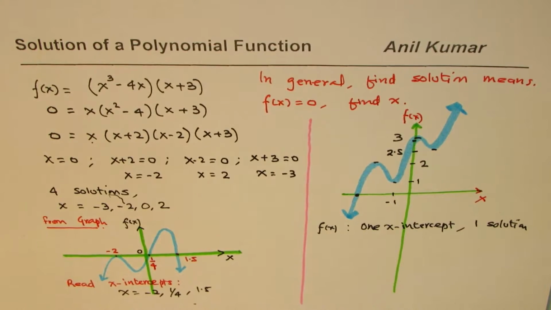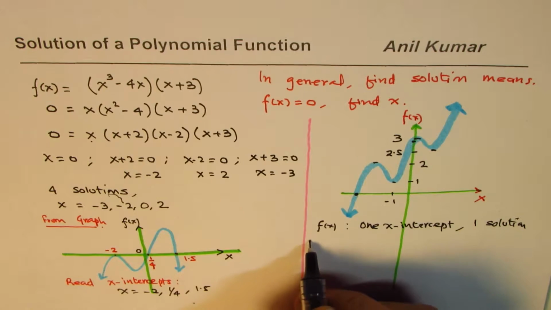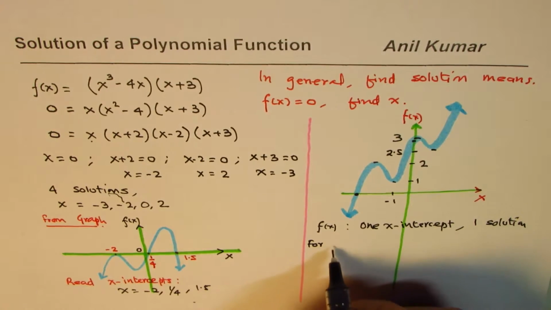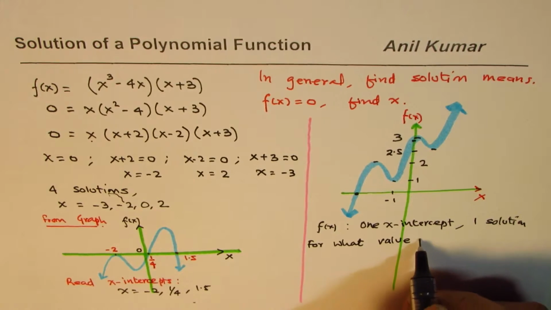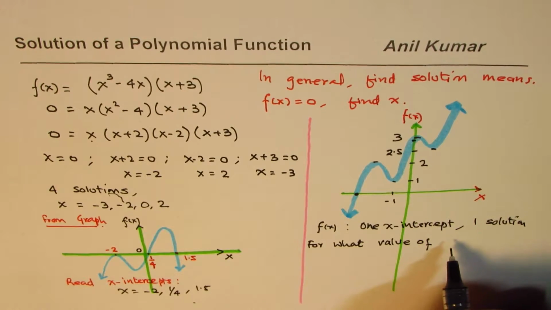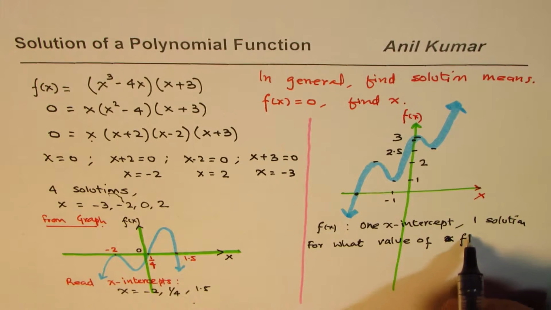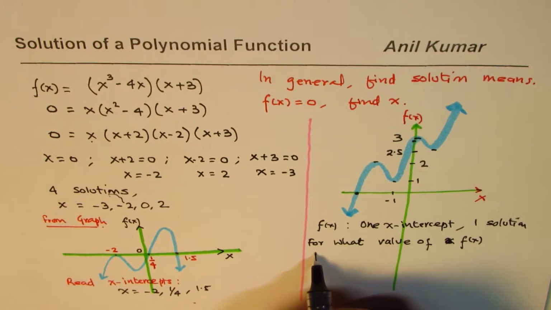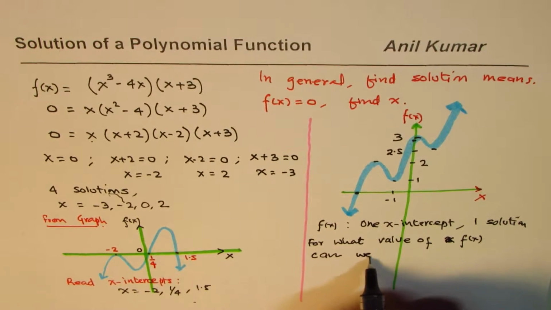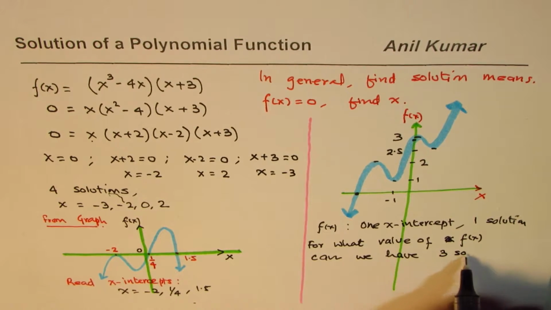Okay, so we have this kind of a graph. Now the question for you is, for what value of function f of x can we have, let's say, 3 solutions?